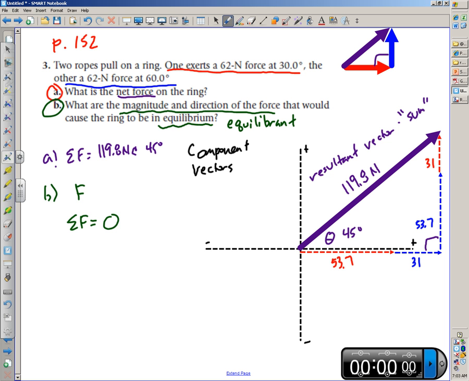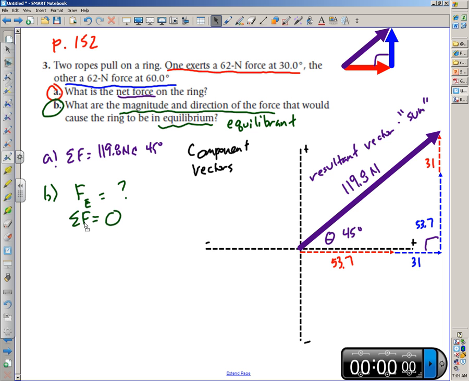Sounds smart just saying it. The equilibrant is the force that would produce equilibrium in an object that's not currently in equilibrium. So, we are looking for F sub E, the equilibrant force. That's supposed to be an E. All right, now, here's where defining equilibrium in 2 dimensions changes slightly. This is our definition of equilibrium.